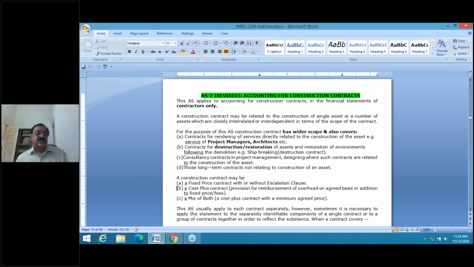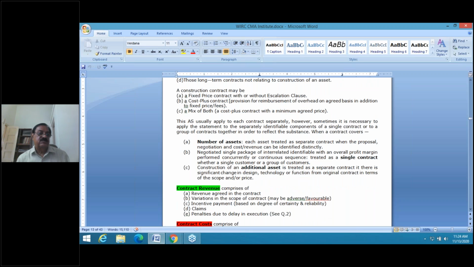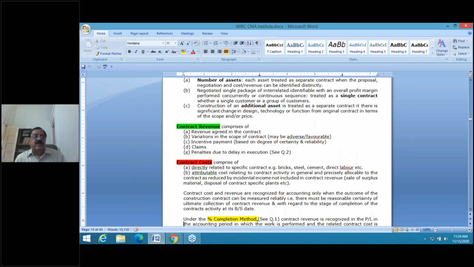Now, so far as construction is concerned, the price may be fixed with or without an escalation clause, cost plus contracts, or a mix of both. You have covered all this under your cost accounting, friends. I'm not going into much detail. You are quite aware of this. I'm going to the more important elements.